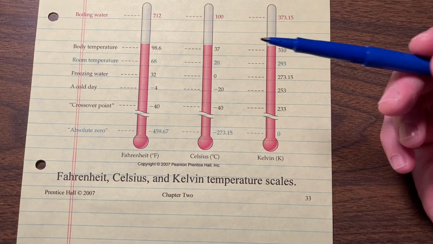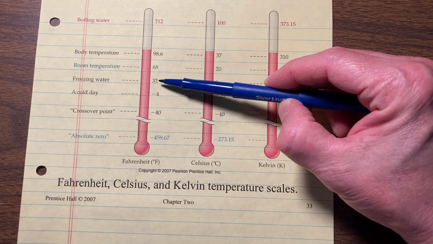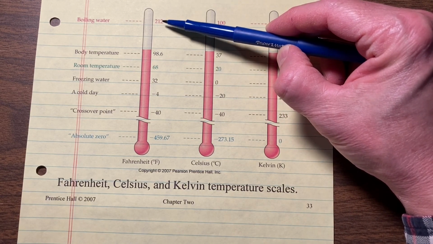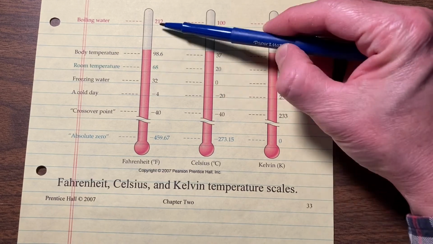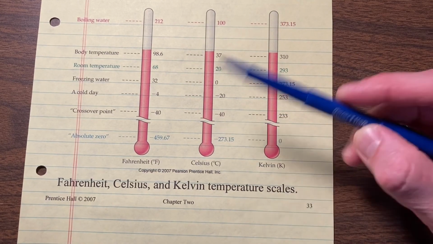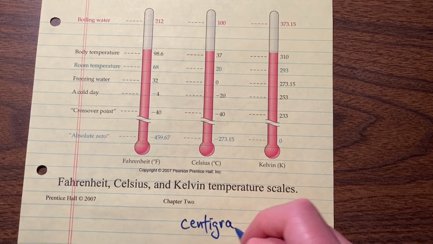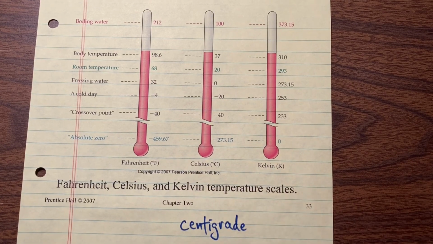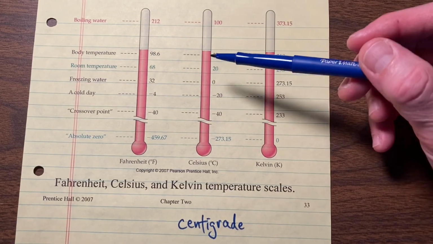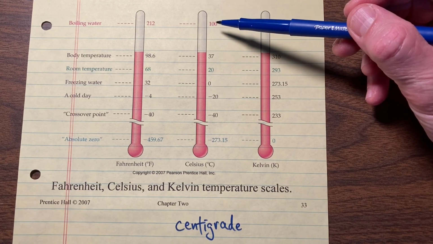If you are paying attention here, you'll see that between the freezing point of water, 32 Fahrenheit, and the boiling point of water, 212, minus 32, that's a 180 degree difference. On the Celsius scale, which is sometimes called the centigrade scale, the old term people used was degrees centigrade, and that comes from the word centi, which is one hundredth, because there are 100 degrees between the freezing point and the boiling point of water.